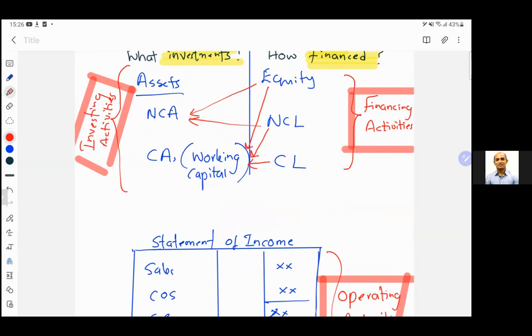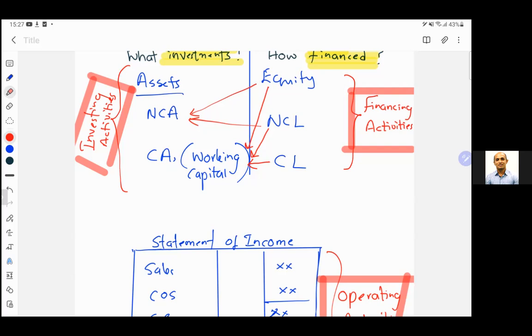Then from the analysis, we are trying to make sure these three types of activities are fairly represented, the meaning is at appropriate values, in the financial statements. Right. So I guess you have got this point.